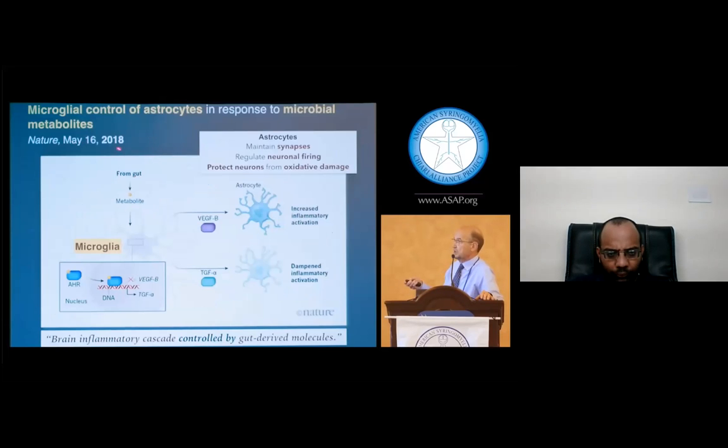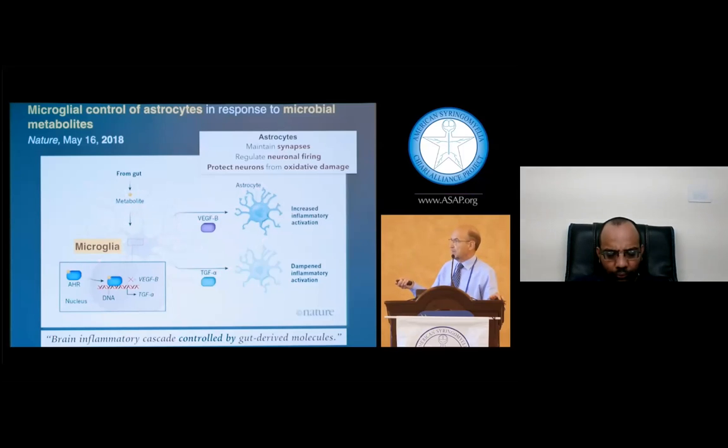This is just in May of this year in Nature, a top world publication. We're now getting ideas of how it affects the brain cells. From the gut, the bacteria create various metabolites. That's a general term. We should learn that. There are all kinds of different things. Metabolites can affect the immune cells of our nervous system, called microglia. They're actually quite small, but they've drawn them large here. Depending on the metabolite, the microglia can inflame your astrocytes, or de-inflame them, if you will, calm them down.